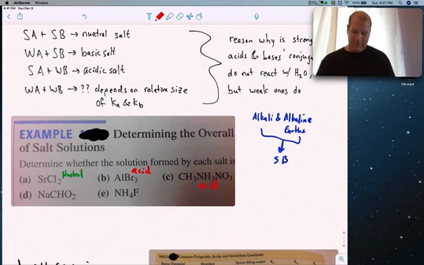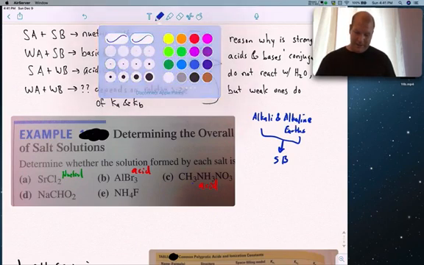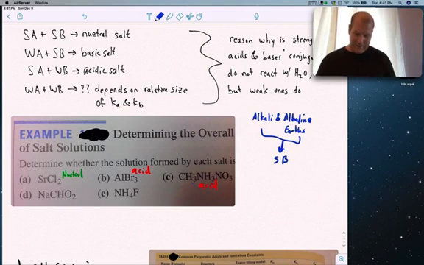Sodium formate, we even did an example of that just before. It turns out that strong base sodium hydroxide, weak acid formic acid, this is going to be a base. That's going to be an alkaline salt. So you're seeing here the case of weak acid and strong base. Then ammonium fluoride, from ammonia, a weak base, and hydrofluoric acid, a weak acid.